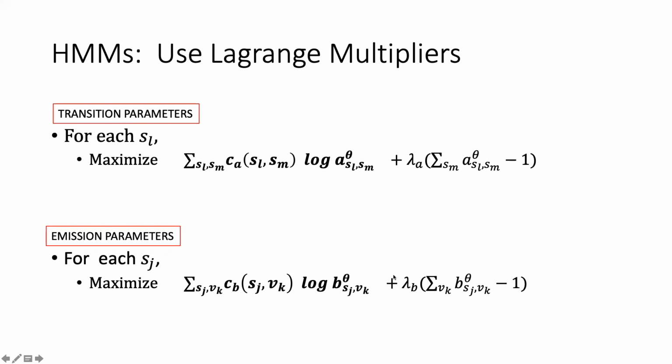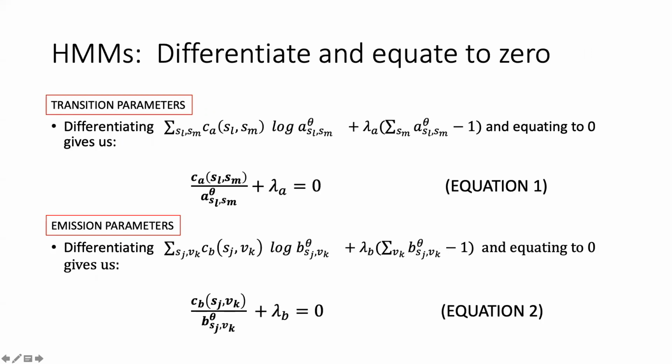So the parameters of A's and B's can be obtained by differentiating and equating these objective functions to 0. Differentiating the terms and equating to 0 will give us this one.